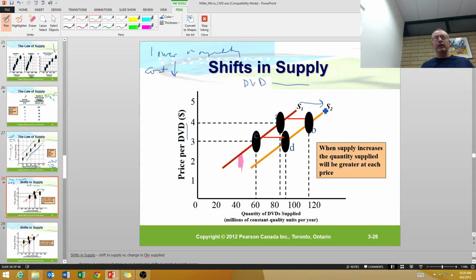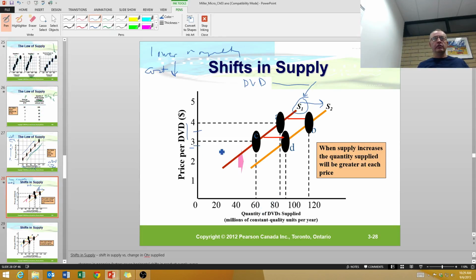The DVD manufacturers can now afford to produce more DVDs, and so the supply curve shifts outward. So at every price along the original supply curve, the producers want to supply a greater quantity at that price. Originally, here's the original supply curve for a particular company.